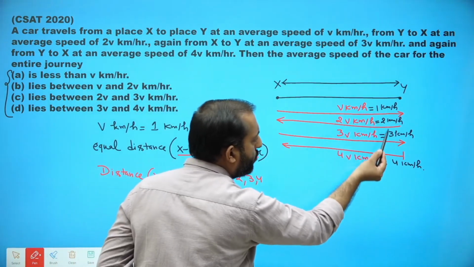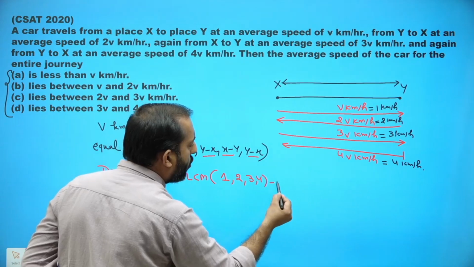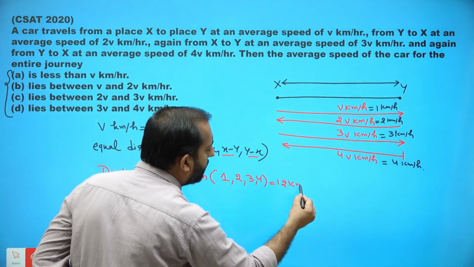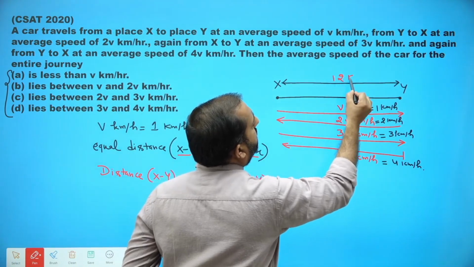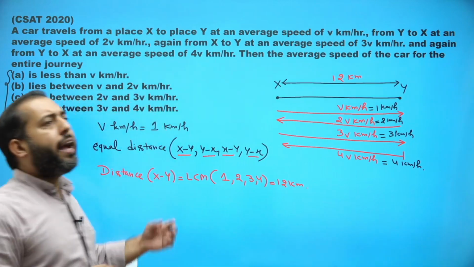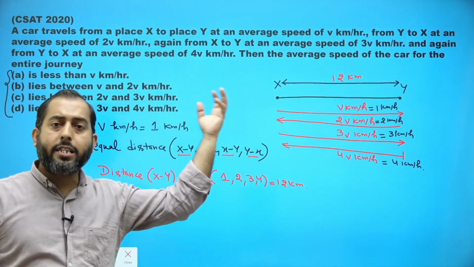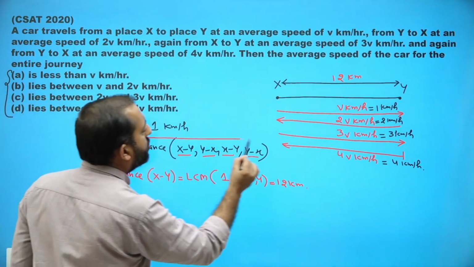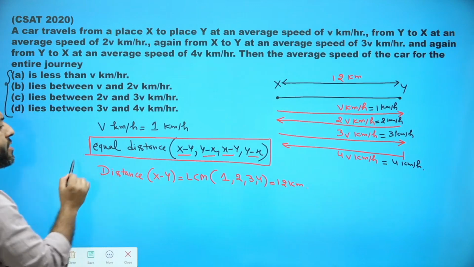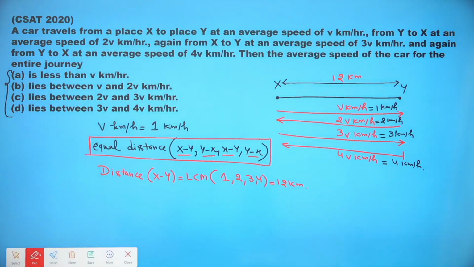See, 1, 2, 3, 4. The LCM comes out to be 12 km. So assume the distance between X and Y is 12 km. Why is this assumption right? Because the distances traveled are equal. If distances traveled are equal and you want to assume some value for the distance, assume it like this.